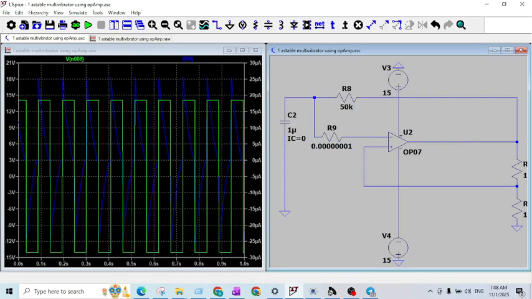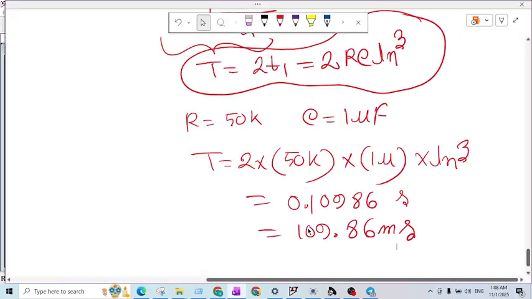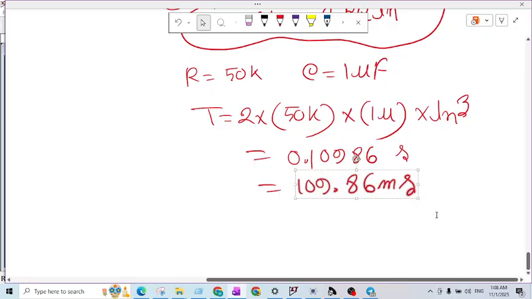This capacitor is maybe charged in this direction, and also in this direction, and both the currents are added here, and that's why this capacitor is charging slightly faster than the calculated value. I mean, we obtained here 109.86, but in the simulation we obtained 106 millisecond.